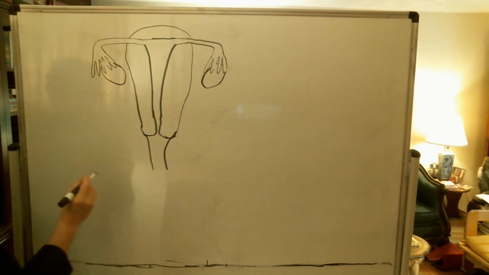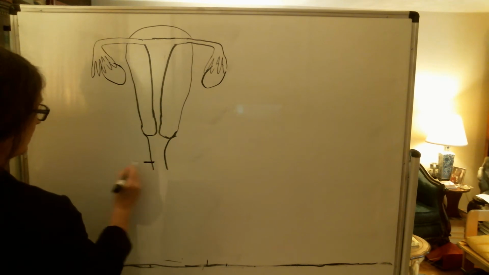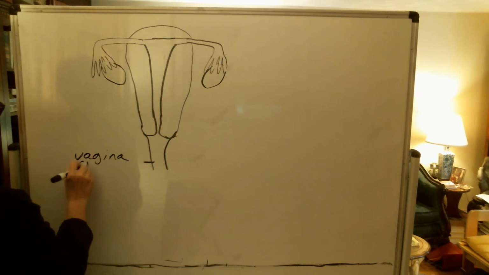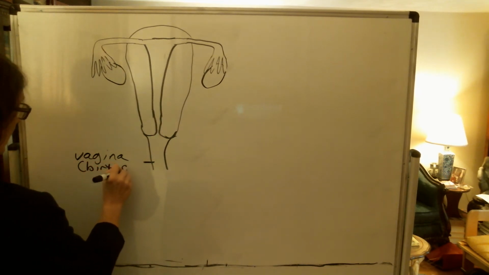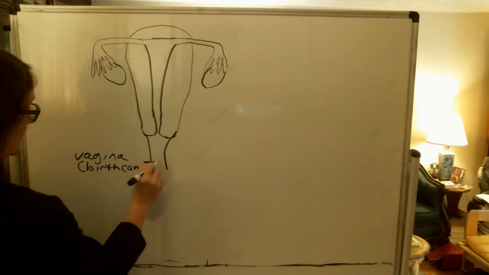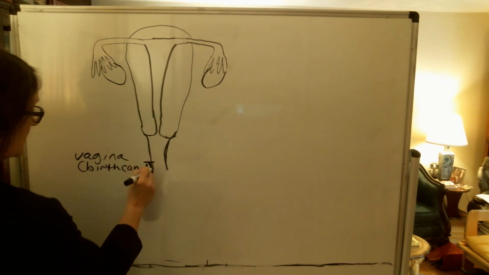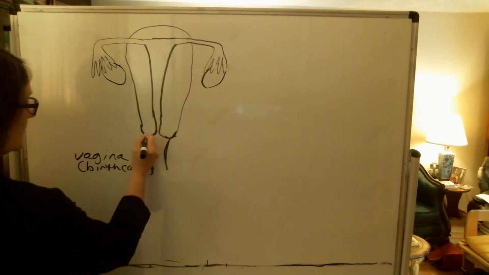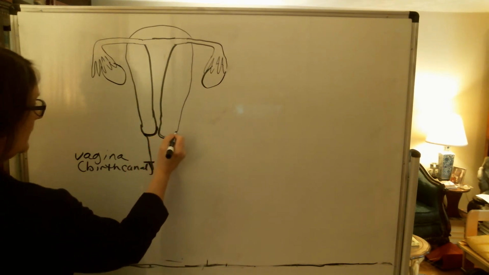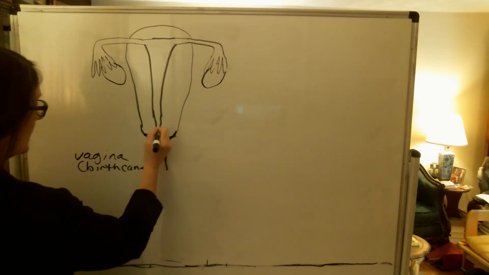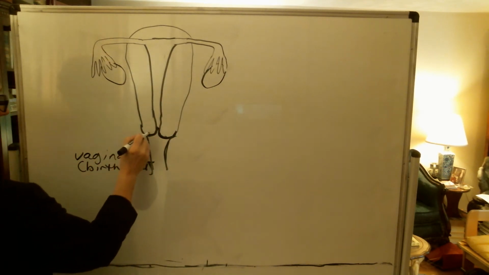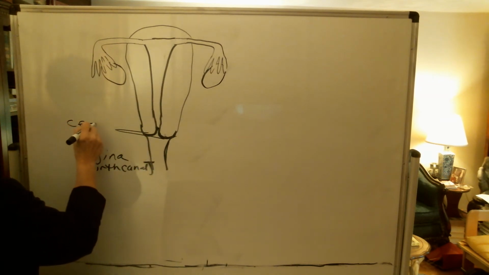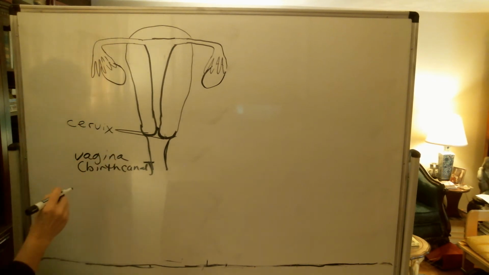Okay, so let us start labeling things now. So here we have the vagina or birth canal. That's this. And then up here, this area in here where we have the very narrow bottom of the uterus here, these then are known as the cervix.